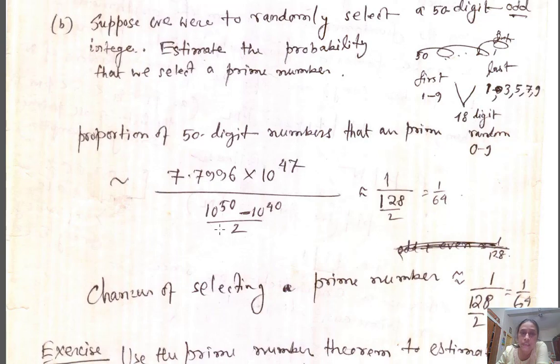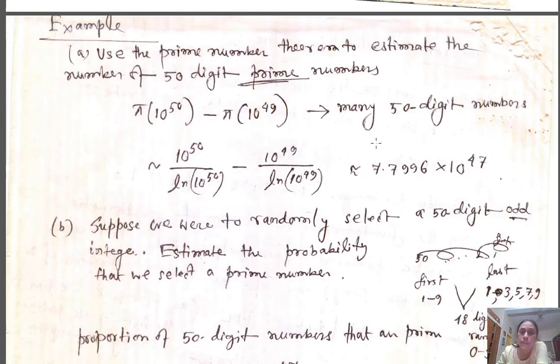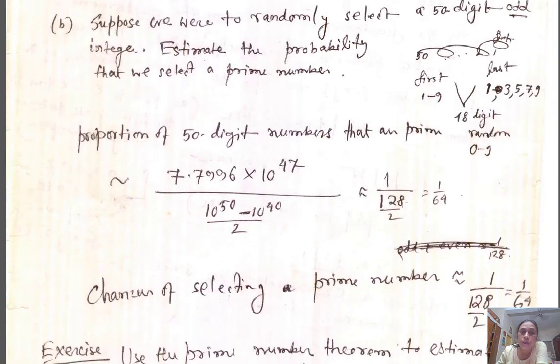The number of 50-digit prime numbers we have already calculated, so this is the favorable number and this is the total. The ratio is about 1 by 64.